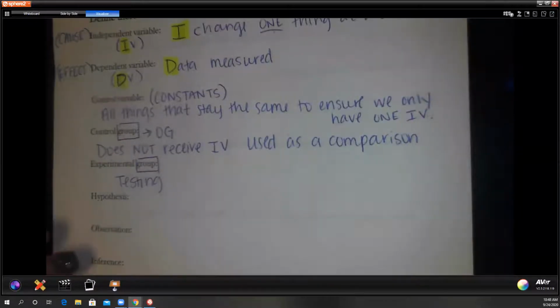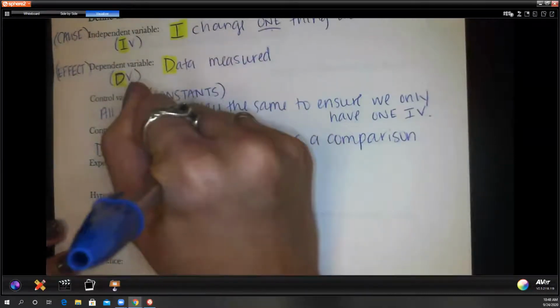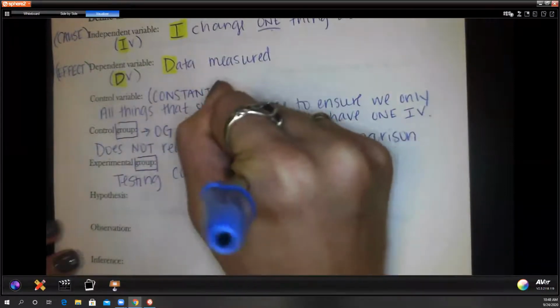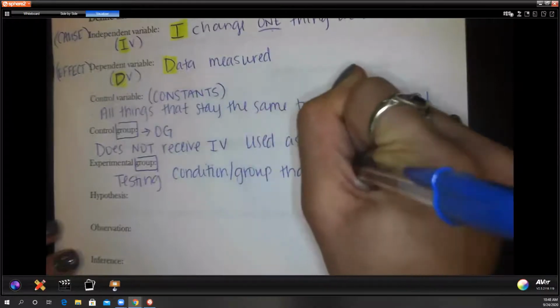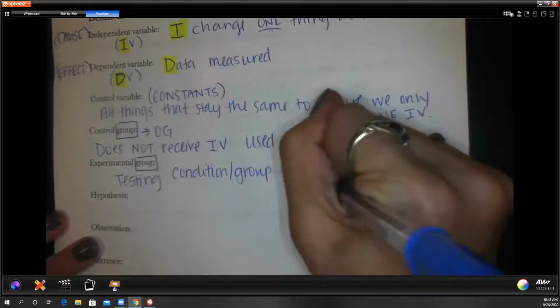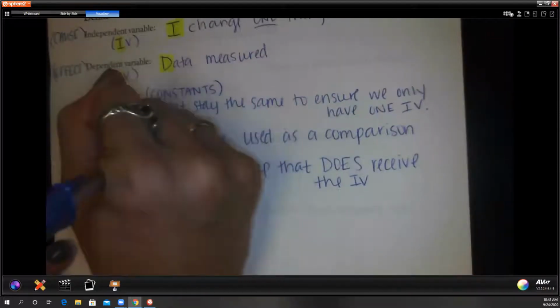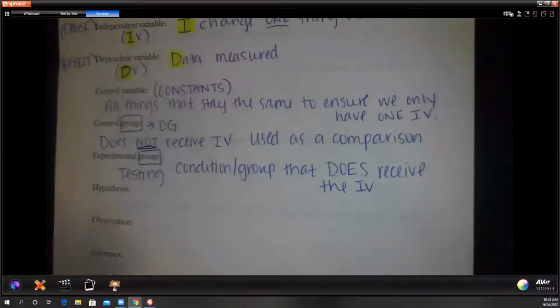Your experimental group is the group that does receive the IV, or the condition, the change. So we've got that group that does not and the group that does. I'm experimenting with it. If it receives the IV, it means that it's getting experimented on, right?